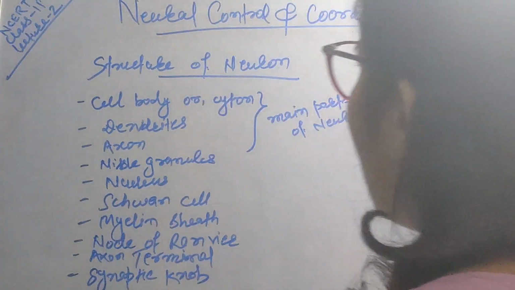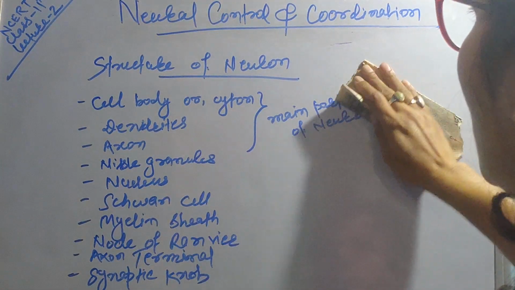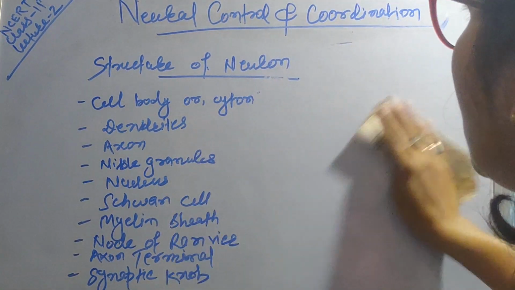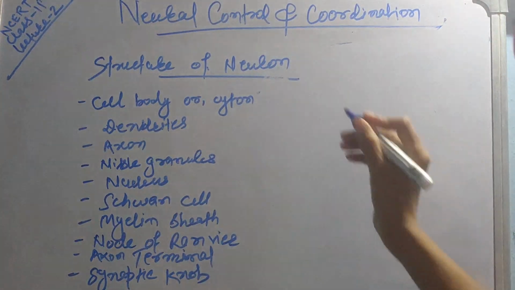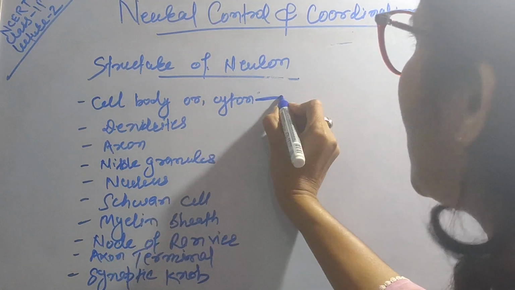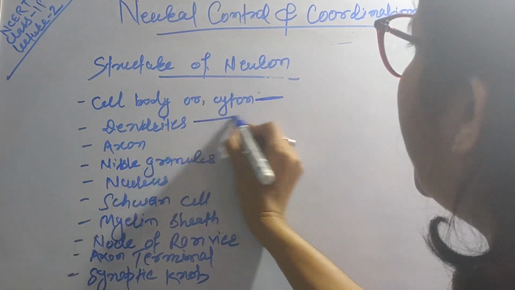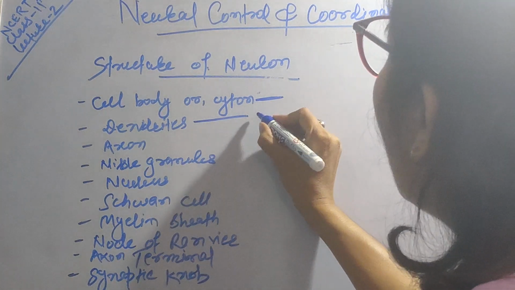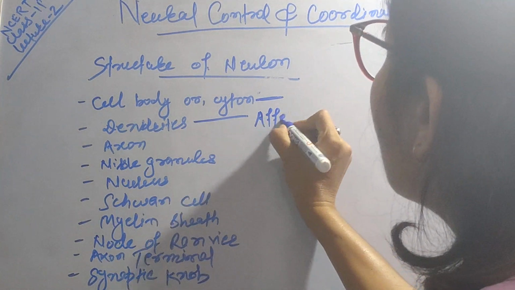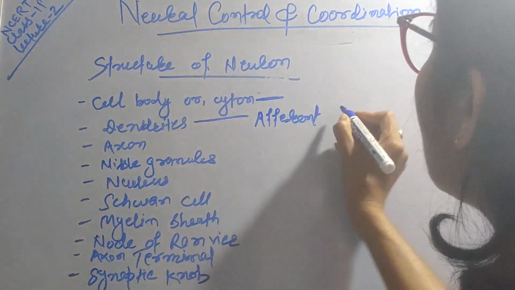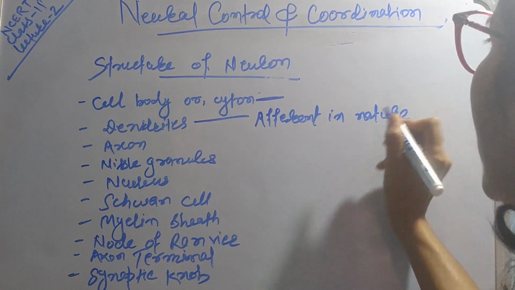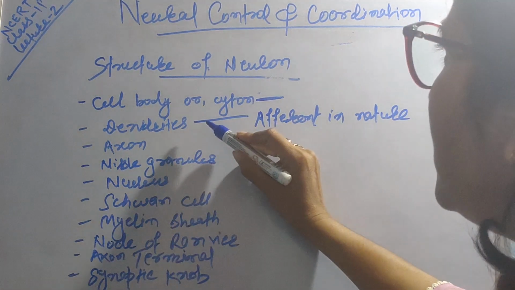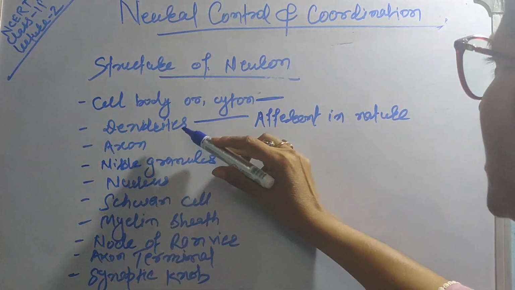For the diagram, you can open the NCERT 11th, this chapter, neural control and coordination. See, this is the main cell body or cytosol of the neuron. Then dendrites, these are afferent in nature, that is, they bring the signals from outside the cell to the cell body.